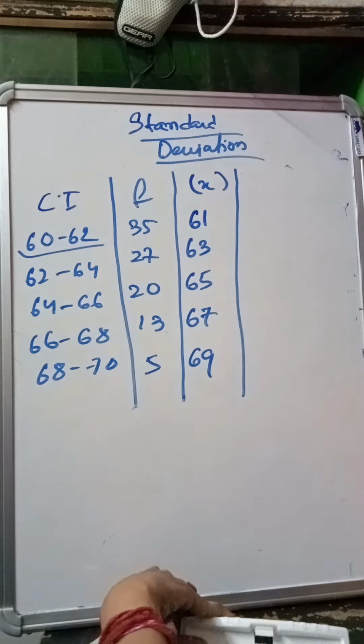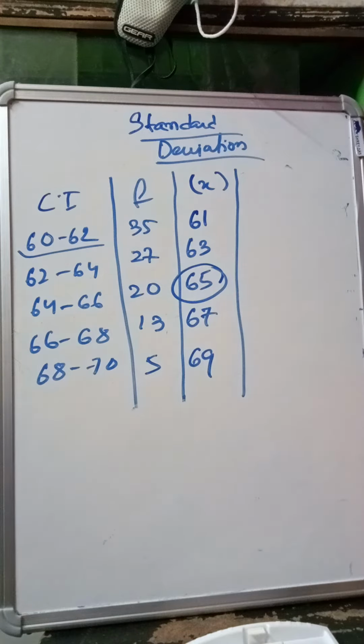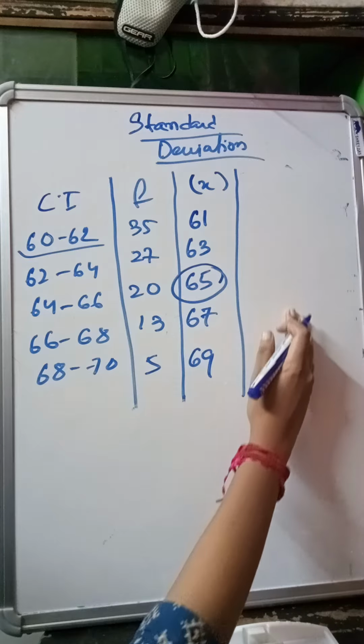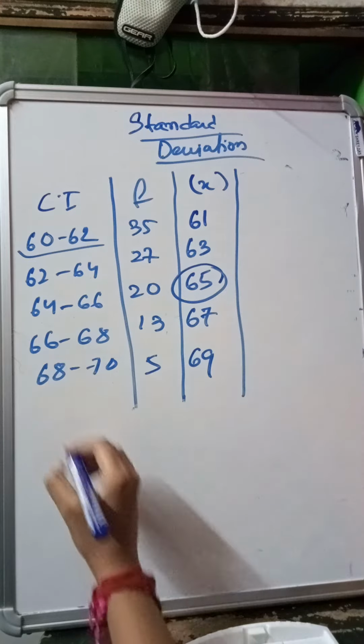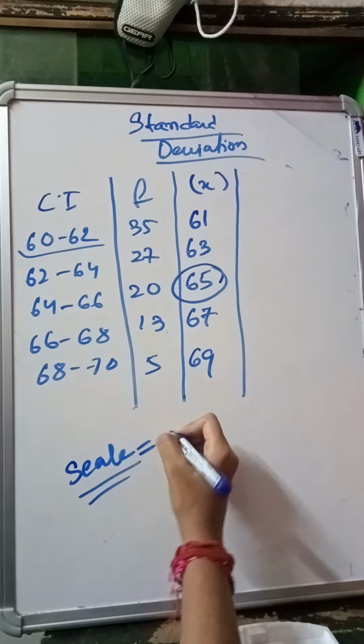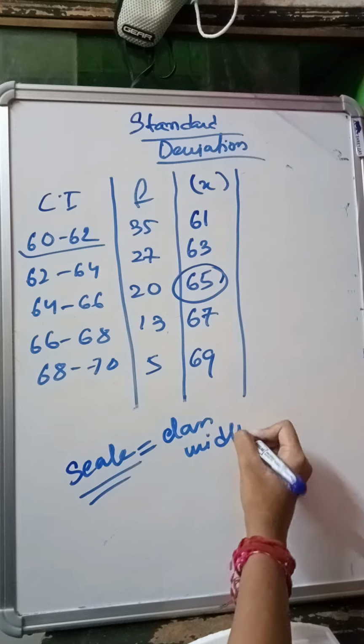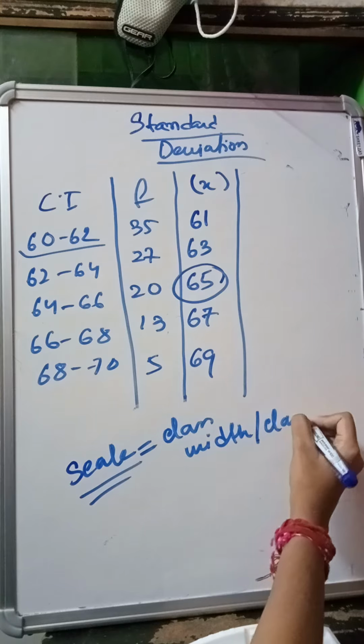I can take 65 as my origin, because 65 lies in the middle, not very large and not very small. And we will also be changing the scale. Now always remember, the scale is equal to the class width, or we should say the class size.